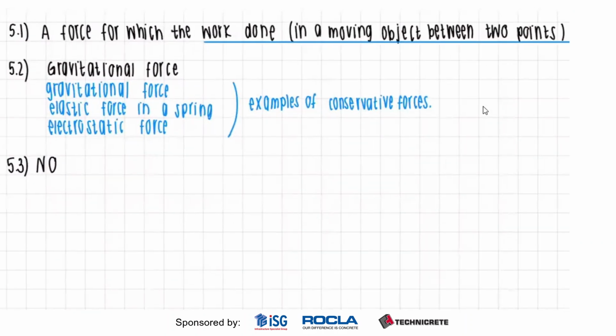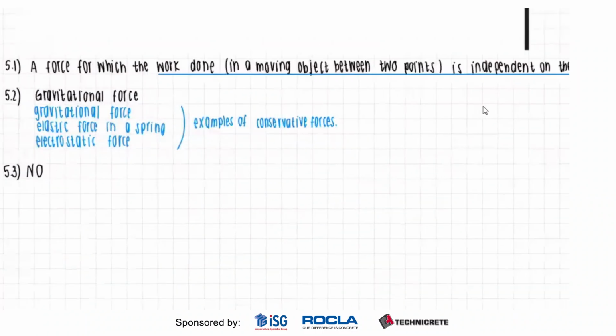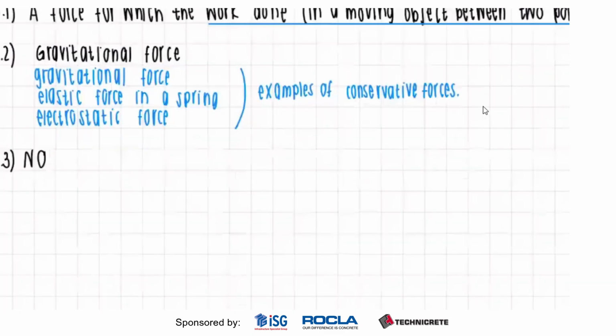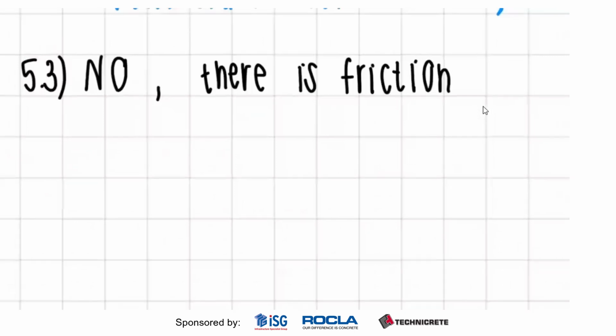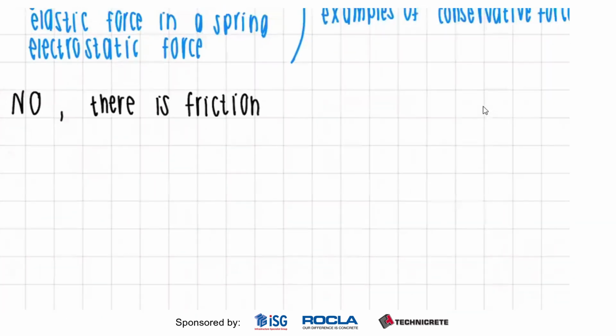Friction is taking away some of that mechanical energy. So the reason: no, there is friction, which is a non-conservative force, which means that when there is friction, mechanical energy is not conserved.